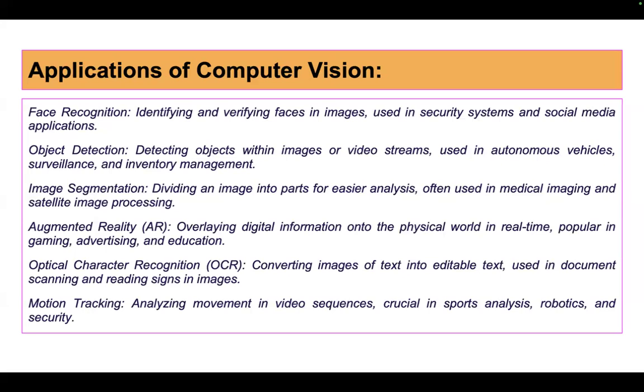We convert an image into text, some editable text that can be used in document scanning and reading the signs in the images. Then motion tracking also, analyzing movement in video sequences, crucial in sports analysis, robotics. So these are the specific applications of computer vision. If some of you are very much interested in computer vision, you can go for these different areas. And there's a very good career prospect in this particular area.